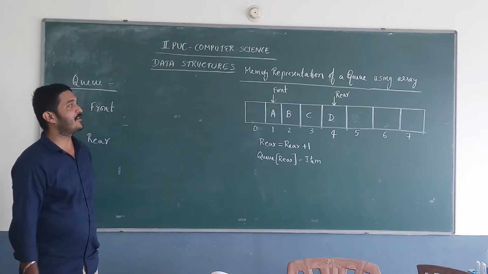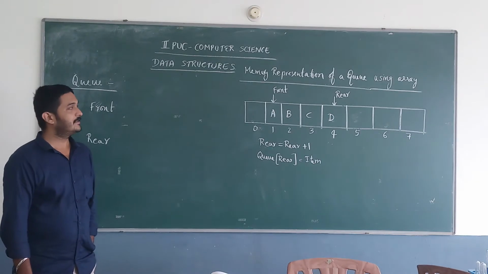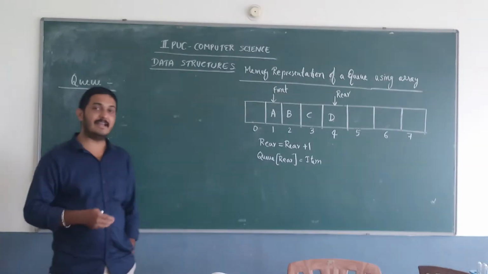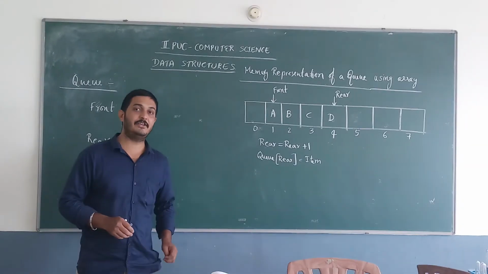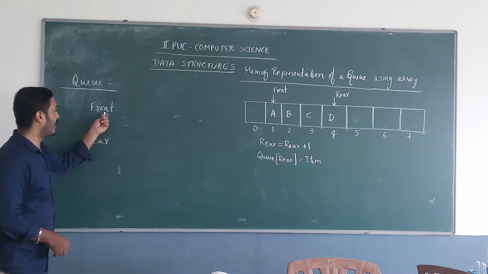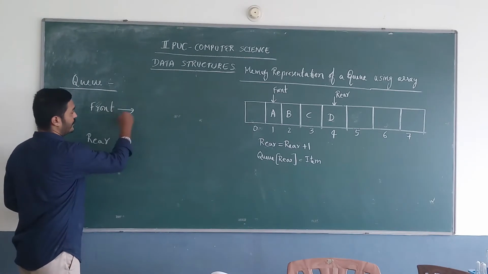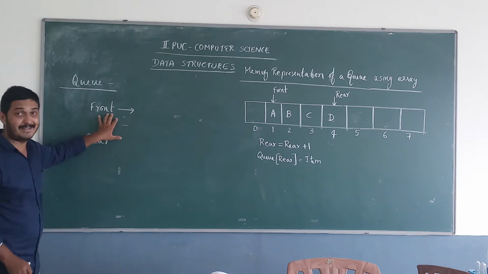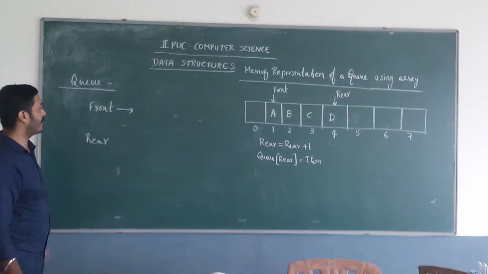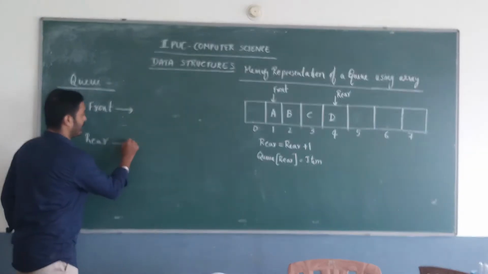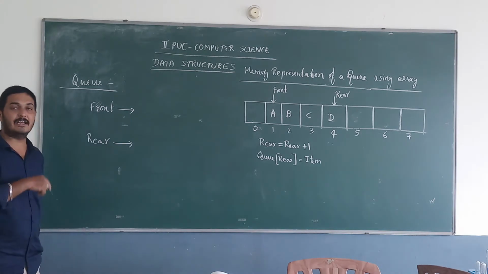Next, memory representation of a Queue using an array. To represent a Queue using an array, we need some variables. The variables are front, which indicates the location of the first element inserted, and rear, which indicates the last element inserted.